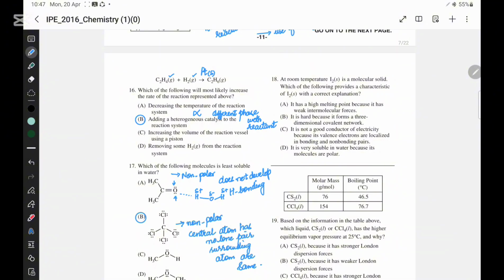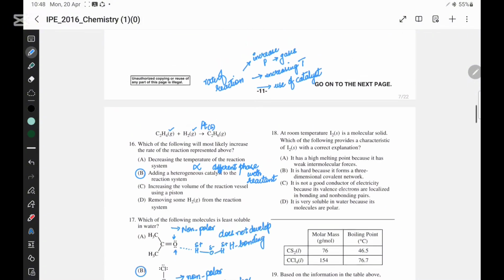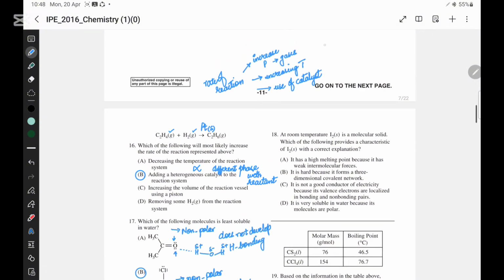At room temperature, I2 is a molecular solid. Which of the following provides the characteristics of I2 with correct explanation? So first one, it has a high melting point because it has weak intermolecular force. First of all, I2 is a non-metal and it forms a covalent bond, and it is going to have a simple molecular structure.